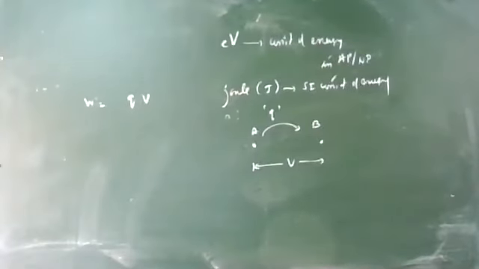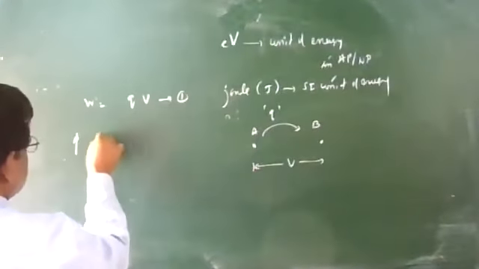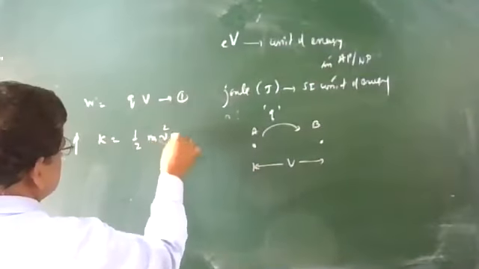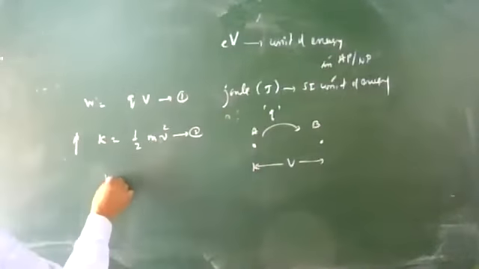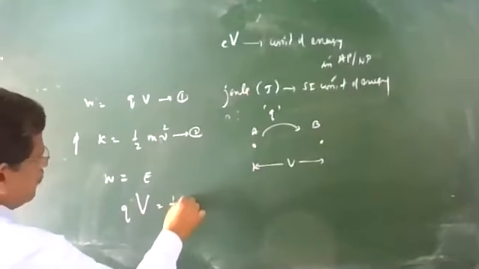This work done will impart kinetic energy to the charge if it is moving with velocity. Therefore, according to work energy theorem, work done is equal to kinetic energy, that is QV equal to half mv square.